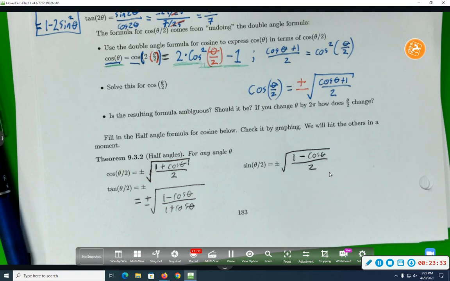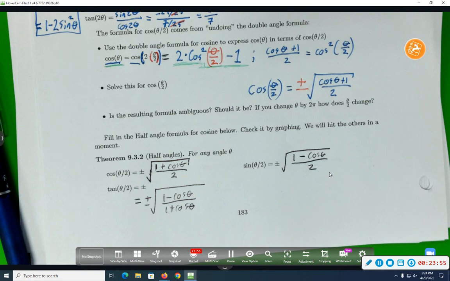So how many people, when looking at those formulas, look at them and think, well, that's weird. The half-angle formula for sine of theta depends on cosine of theta instead of sine of theta? That's a fair response. It is weird. And we'll hit the reason for that by the end of today.